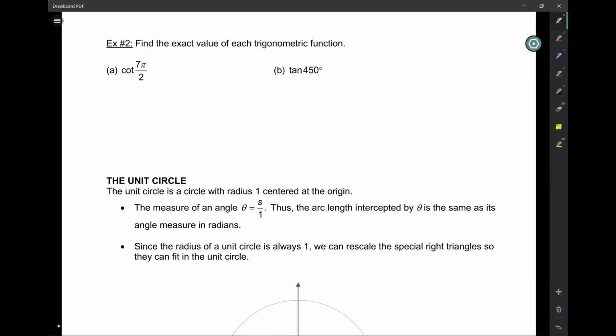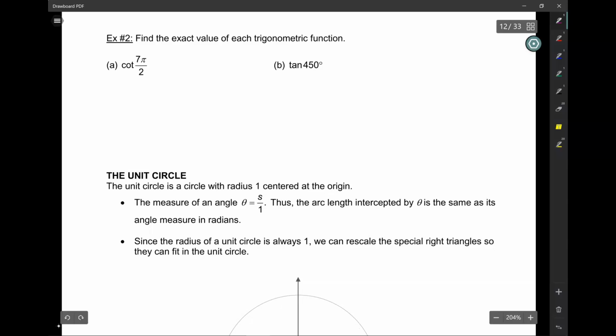So, how do these come up? Well, in a problem, you're just going to have to evaluate something like this, right? Cotangent of 7 pi over 2. This could be a standalone problem, or it could be within a longer problem. So now I need to find cotangent of 7 pi over 2. First and foremost, I need to locate where this angle is located.